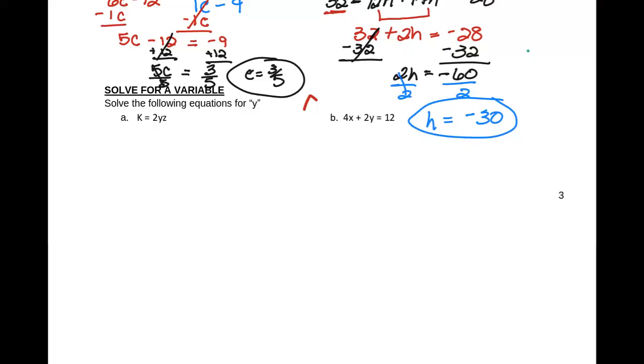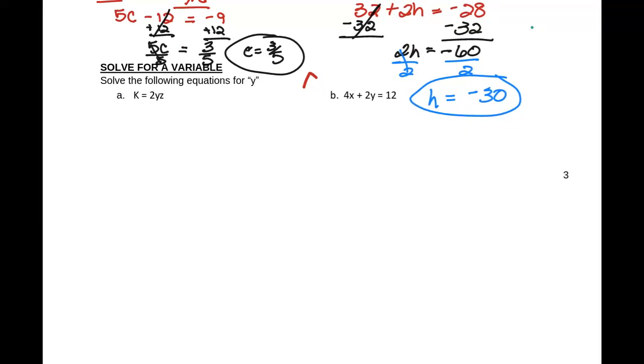So I have k is equal to 2 times y times z. Okay? We got a whole bunch of stuff going on. I want to get y by itself. What did I say is happening with 2 and y and z right now? They're being multiplied.